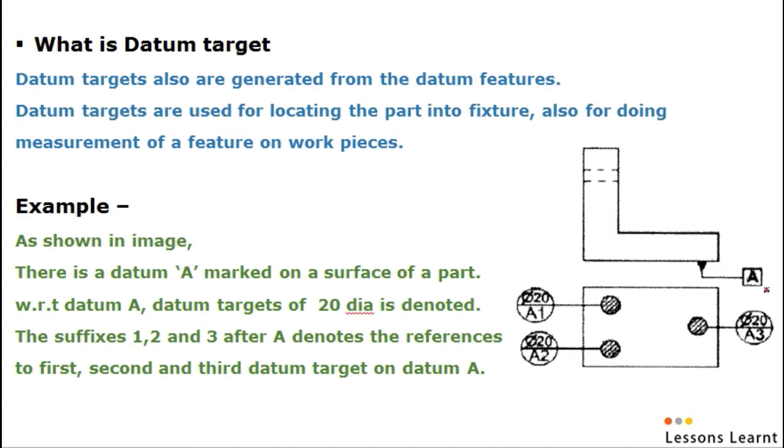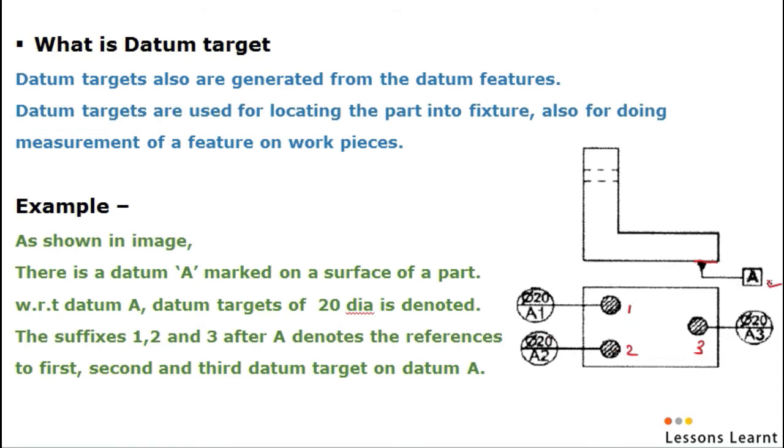Here we have given datum A to its bottom face, and this L block has 3 holes, 1, 2 and 3. These 3 holes are given datum targets. So a datum target is always given with reference to its base datum.